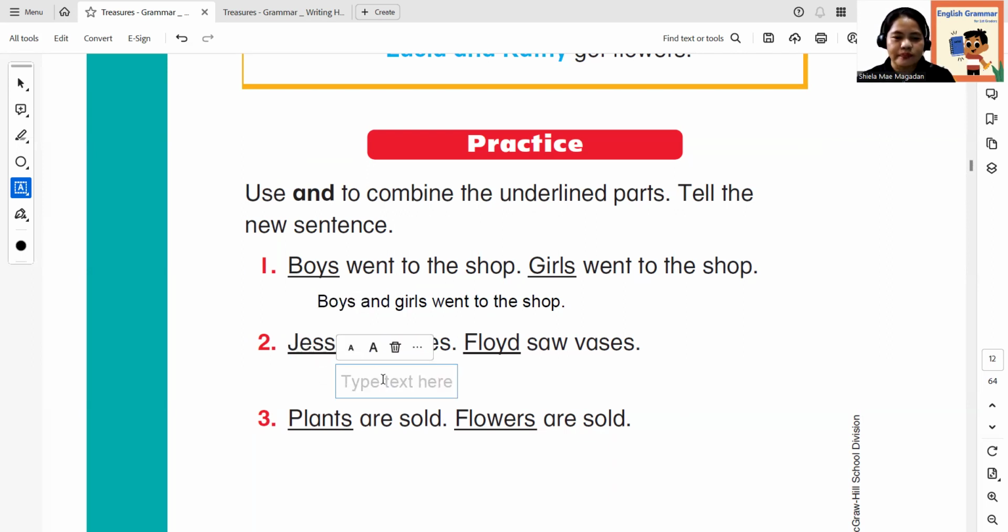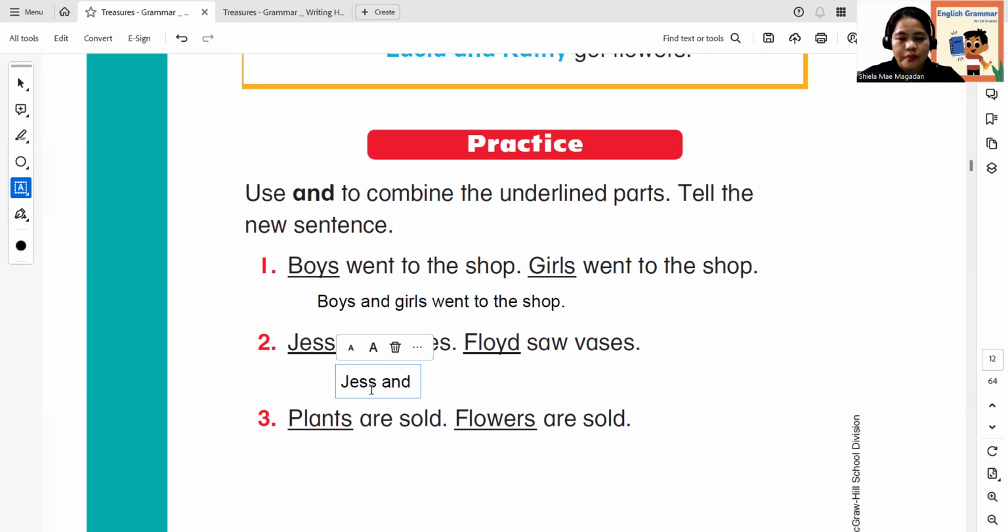Another example here. Jess saw vases. Another sentence, Floyd saw vases. We have two different subjects, but the same predicate. Let's make a sentence. Jess, what word in between? And.